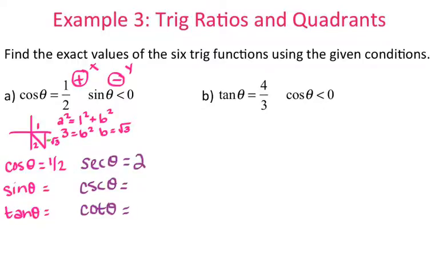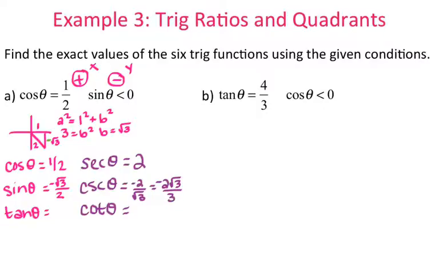But sine is my opposite over hypotenuse, so my opposite side is negative root 3. Hypotenuse is 2. Cosecant, when I flip that over, is negative 2 over root 3, which we have to change to negative 2 root 3 over 3.